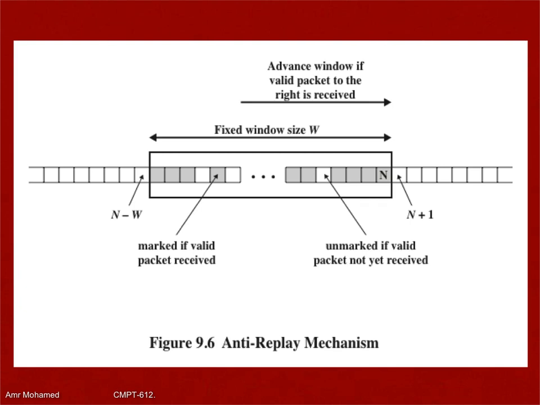So for that we create what we call a window size, and this window size is fixed. Typically in IPsec standards they use 64 packets. Why exactly 64 packets? This is based on experimental studies.